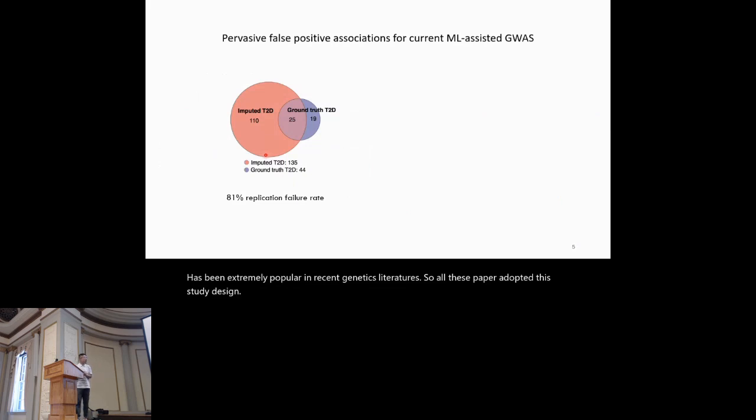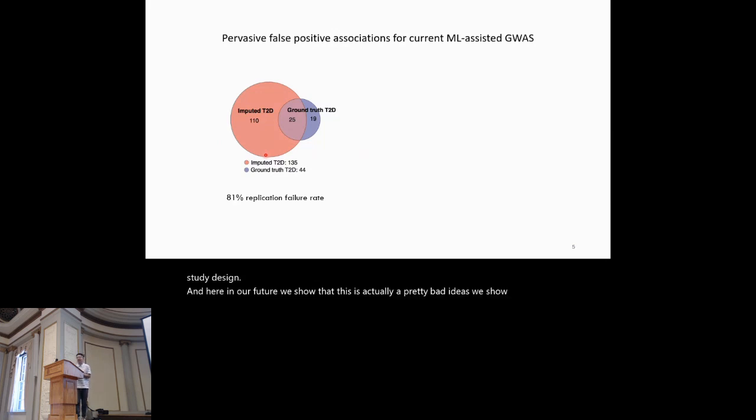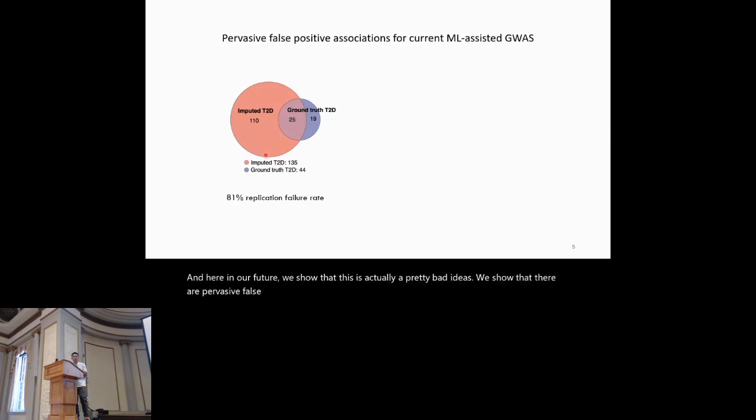In our paper, we show that this is actually a pretty bad idea. We show that there are pervasive false positive associations if we use the current study design for machine learning assisted GWAS. Here is the real data benchmarking we did. In the UK Biobank, we have everyone's type 2 diabetes status measured, and we consider that the gold standard.